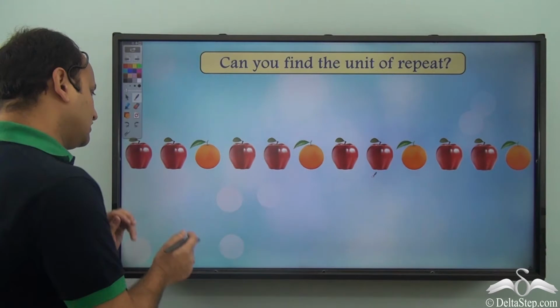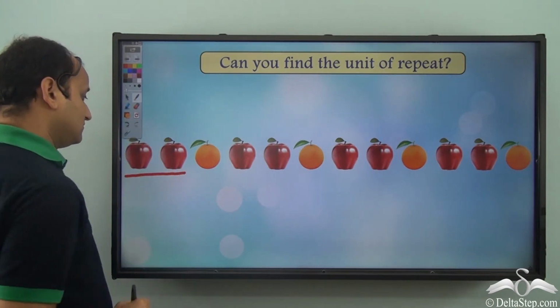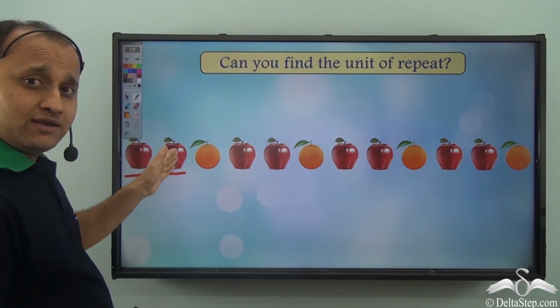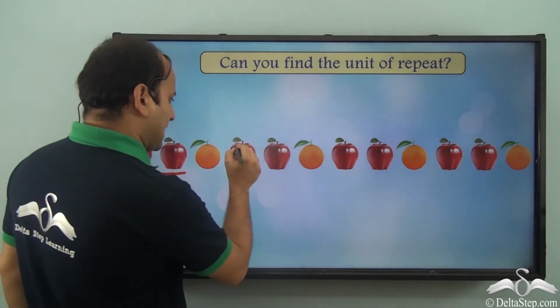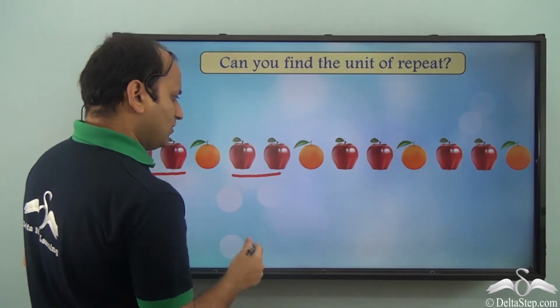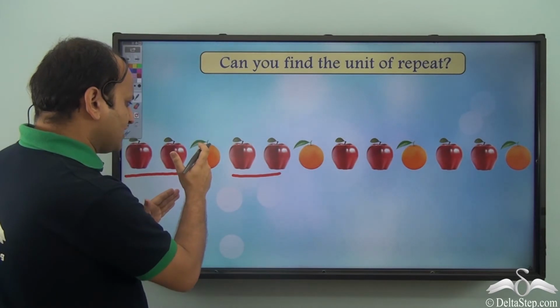Now here you may feel that the apple is repeating. So I have an apple, then an apple again, it's repeating. But then I have an orange, and then I have an apple and an apple again. So what exactly is the unit of repeat? Is it apple, or then we have an orange again?